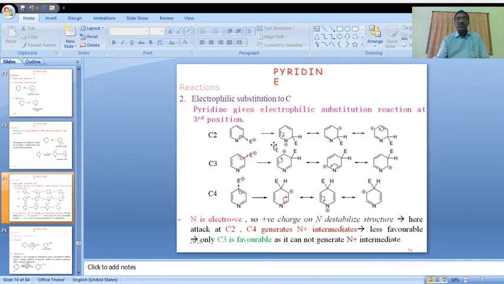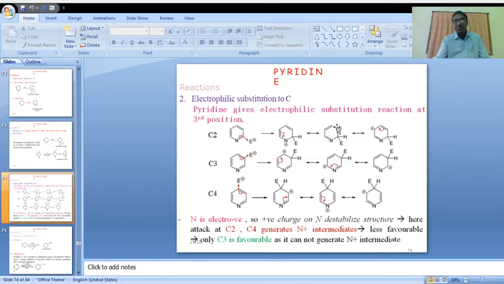Even if the electrophile attacks on C2 position, the pi bond breaks, the electron shifts to the C2 side, and the nitrogen atom gets positive. This is one of the contributing structures. Next, if the pi bond electrons shift to this side, this corner carbon gets positive.